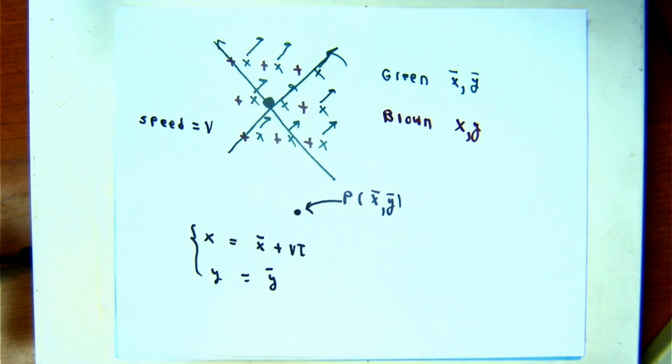So the x coordinate of really any point is going to be its x bar coordinate plus vt. The y coordinate doesn't change because the y-axes, either in the barred or unbarred systems, are at right angles to the direction of travel. So y is going to equal y bar.